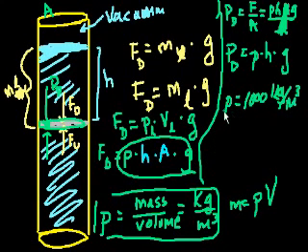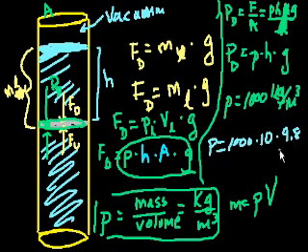So let's say that we have no atmosphere, but I were to go 10 meters under the water, roughly 30 feet under the water. What would be the pressure on me? So my pressure would equal the density of water, 1,000 kilograms per meter cubed. Make sure your units are right. But I'm running out of space, so I don't do the units. Times the height, 10 meters, times the gravitational acceleration, 9.8 meters per second squared.